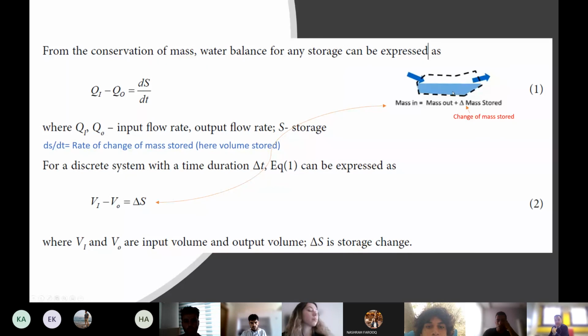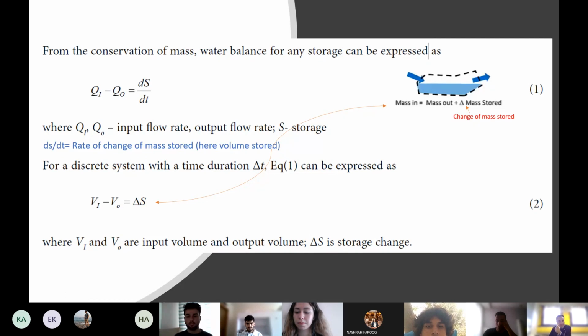If you already have water, there will be a change, and finally you will have some mass outputs from the system. Based on conservation of mass, mass into the system equals mass out of the system plus the change of mass stored within the system.